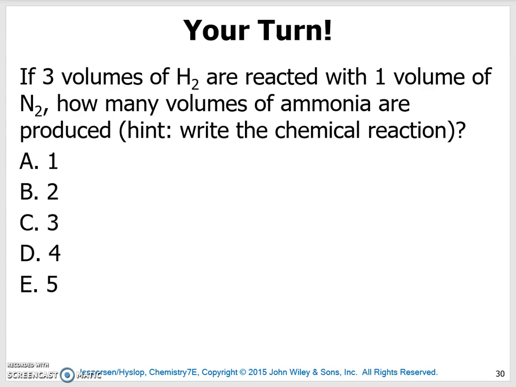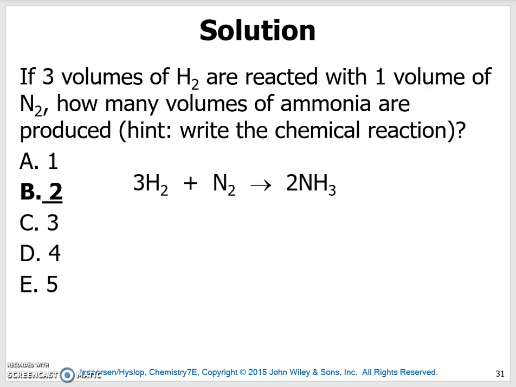Okay, so the solution is 2 volumes of ammonia that are produced. So in this reaction, if it were happening in a balloon, basically what we would see is the volume from the reactant side to the product side would start to decrease, because we're combining 4 volumes, some unit, let's say 4 liters, and we're creating 2 liters per 4 that go in.